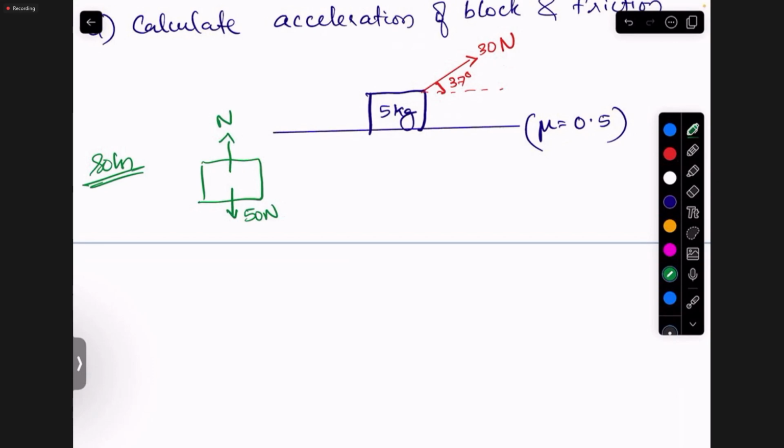And this 30 Newton will have two components. It can be resolved into a horizontal component and a vertical component. So this 37 degree will contribute to 30 cos 37 degree, and this will be 30 sin 37. Right.